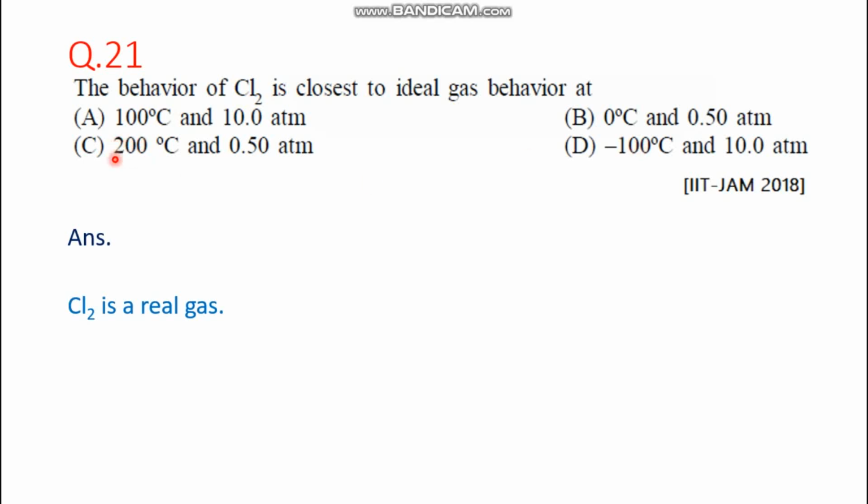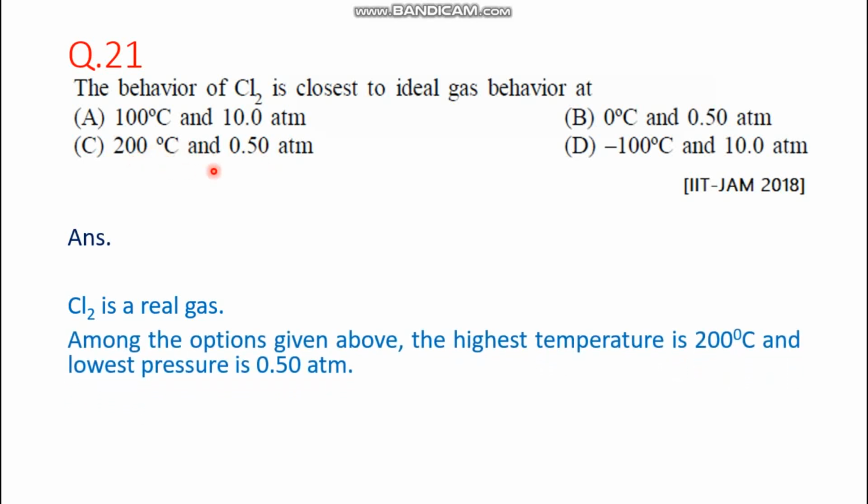So this is the highest temperature, and for pressure, 10 atmosphere, half atmosphere, half atmosphere, 10 atmosphere. Half atmosphere is the lower pressure, so condition C should be optimum. Among the options given above, the highest temperature is 200 degrees Celsius and the lowest pressure is 0.50, that is, half atmosphere. So option C is the correct answer.